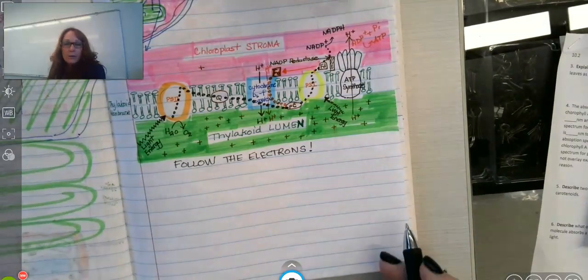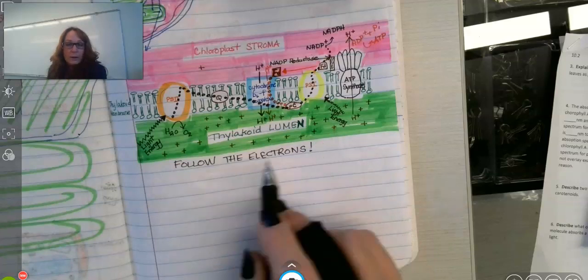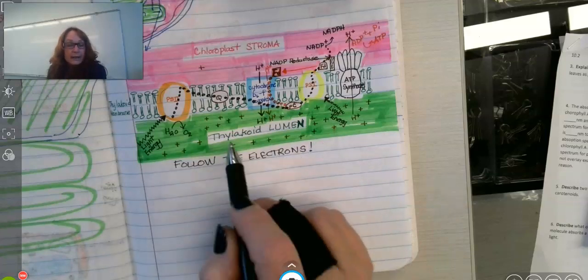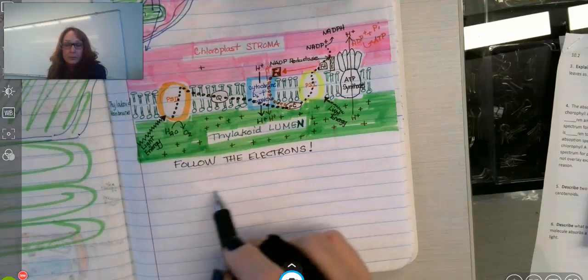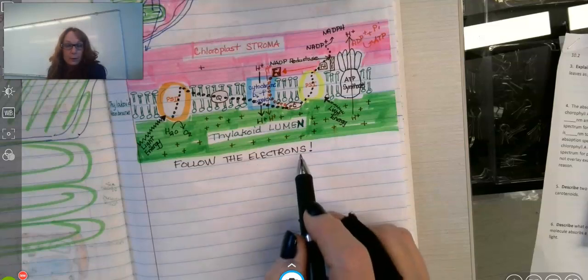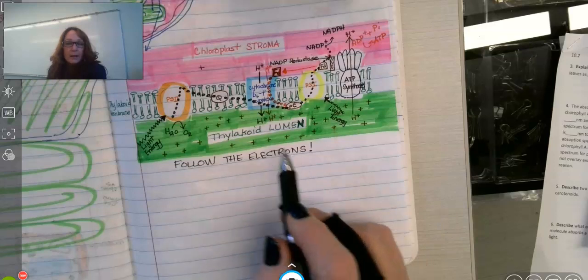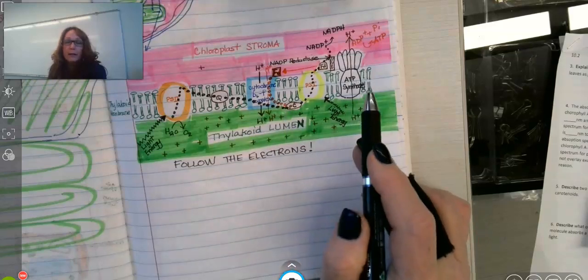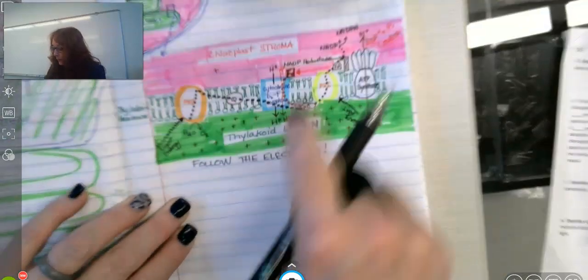So we'll follow the electrons. So we're going to have two paths where we tell the story. We're going to have linear, we talked about it yesterday, but we're going to actually write it down, what goes where, and what goes through where, and then we'll do cyclic, and then we'll talk about the gradient, and that'll help us get to that little question we had. Okay, so follow the electrons.